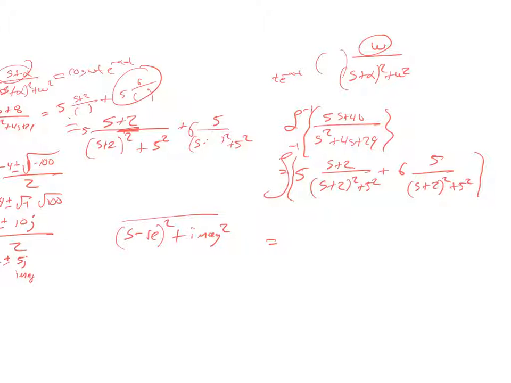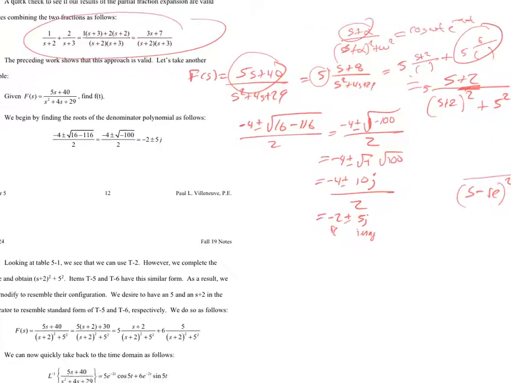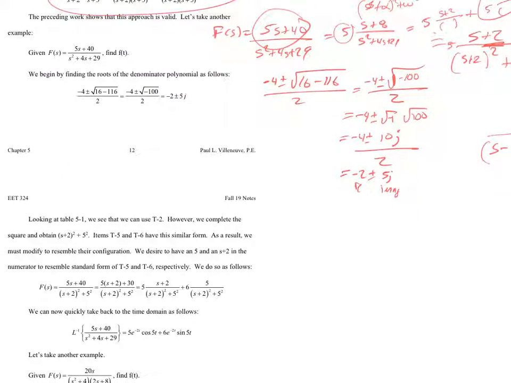So this is going to be equal to 5 e to the minus 2t cosine of 5t plus 6 e to the minus 2t sine of 5t. Let me just make sure I didn't get my sines and cosines backwards. Nope, I got them right.